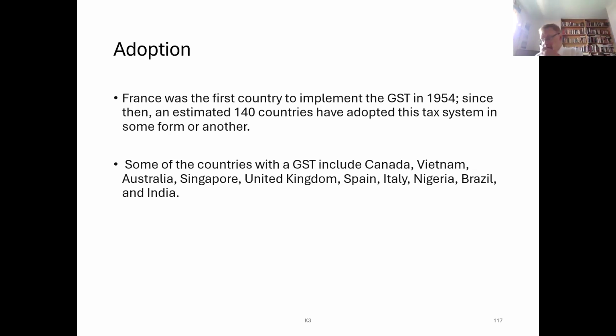The UK adopted VAT on joining the European Economic Community, as it was then known, in 1973. And to the disappointment, but not surprise of many, it has continued with VAT even after we have left the European Union.